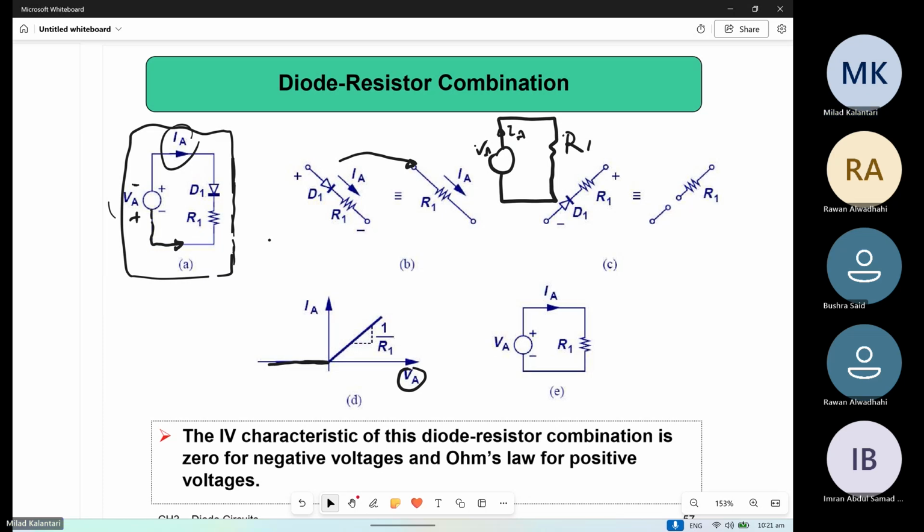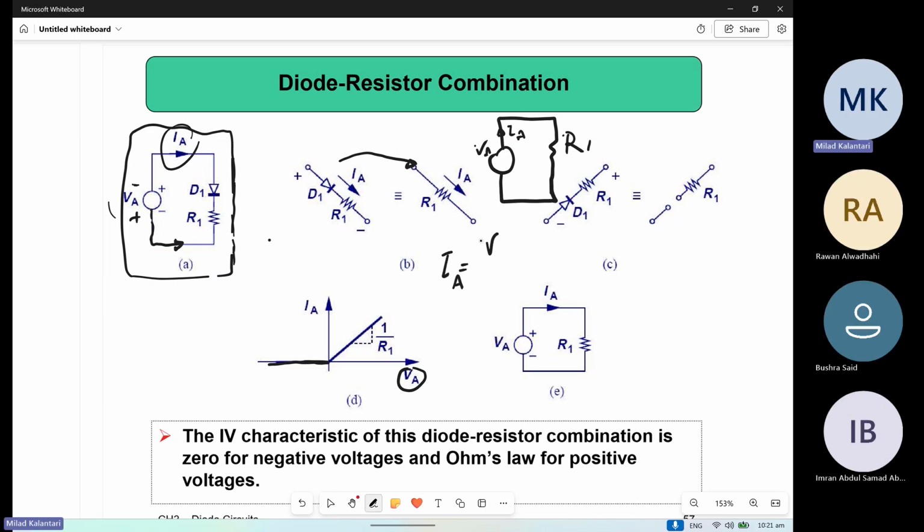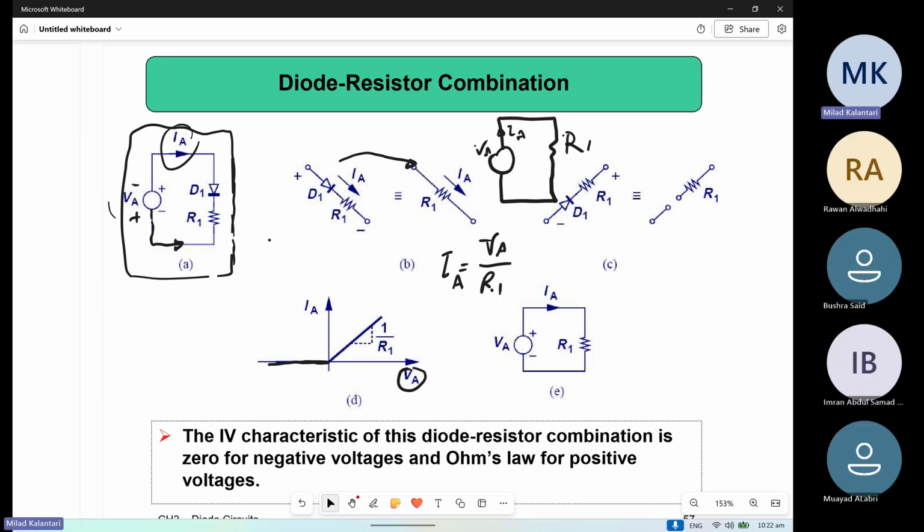Just a simple loop, right? So IA is equal to VA over R1. That's why the slope of this curve is basically 1 over R1.